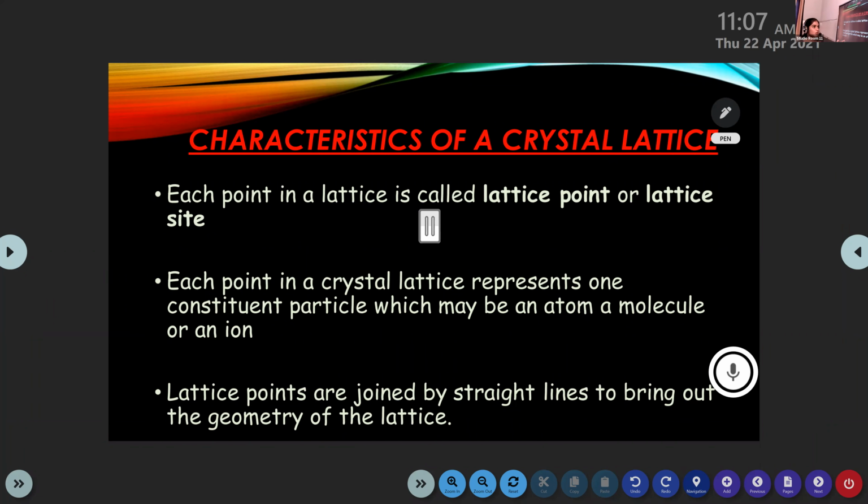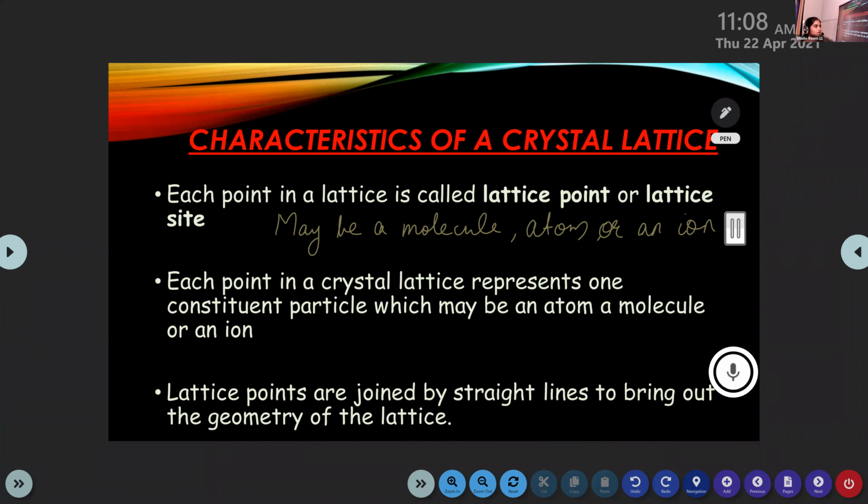And this lattice point may be a molecule, atom, or an ion.